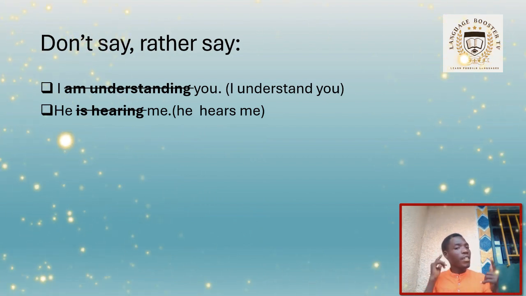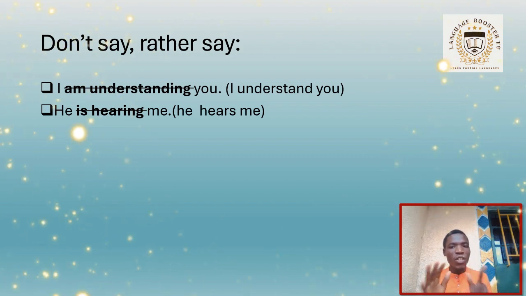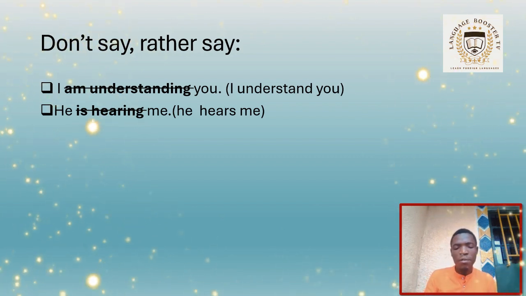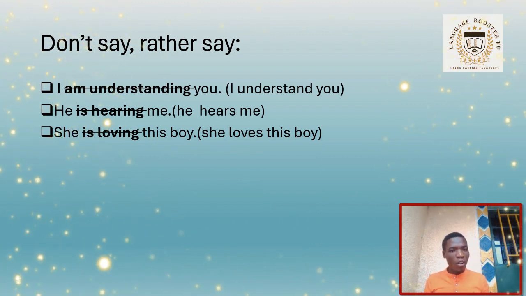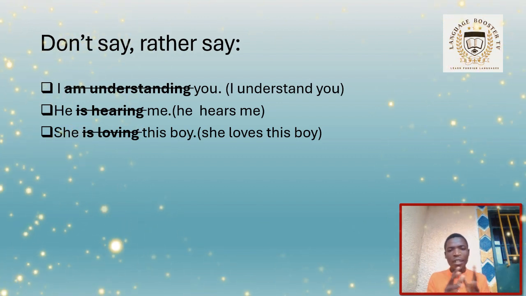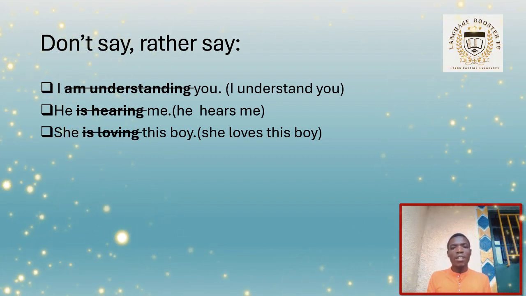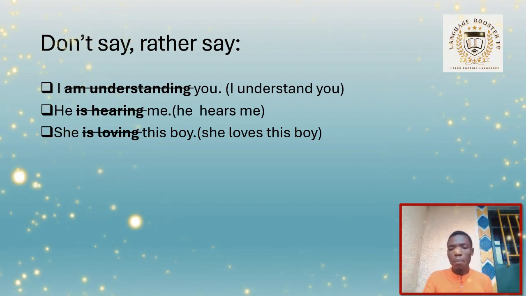Don't say, he is hearing me. Rather say, he hears me. Don't say, she is loving this boy. She is loving this boy doesn't sound correct. We'd rather say, she loves this boy.